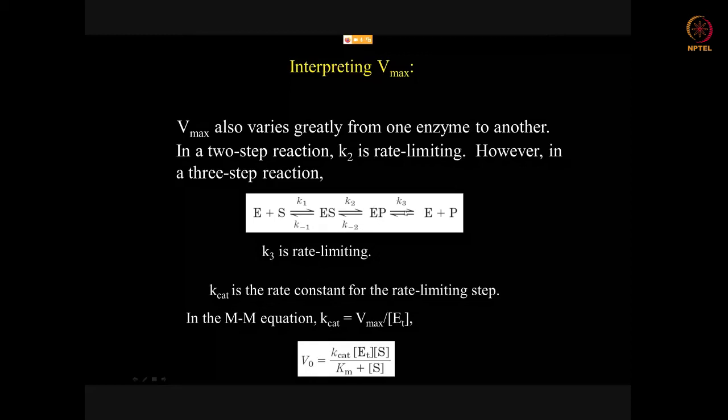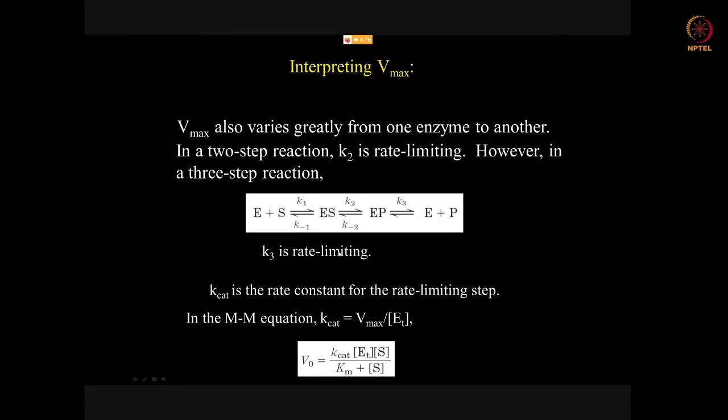And that is going to dissociate into E plus P, and that dissociation is slower than all these four reactions. Then K3 will be rate limiting, and therefore Vmax will be affected by K3. So what is determining Vmax will vary with which step is rate limiting.